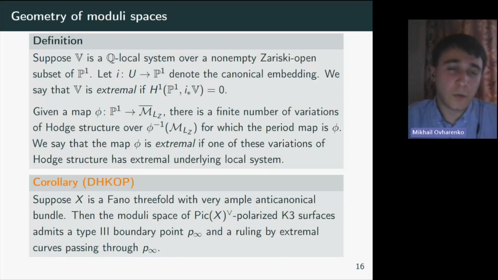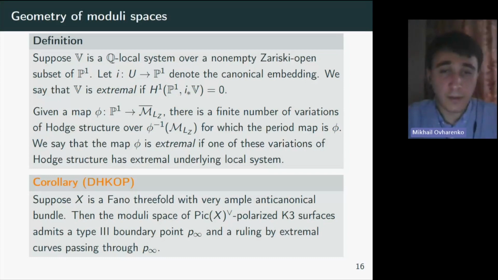But we should mention that the correspondence of Fano threefold X to the lattice Pic or Pic-check is not bijective. Some non-deformation-equivalent Fano threefolds could have isometric Picard lattices, so they should correspond to the same moduli space.